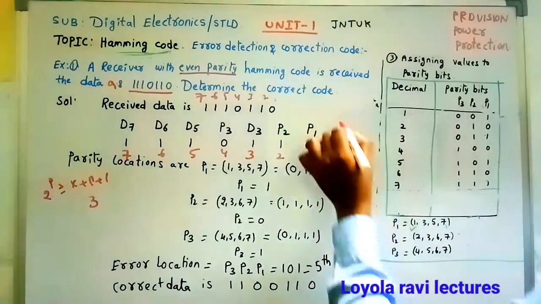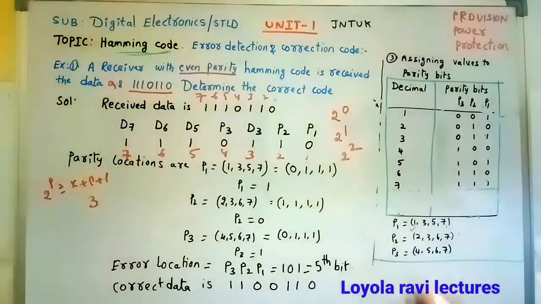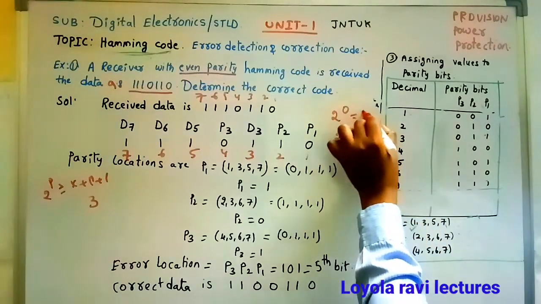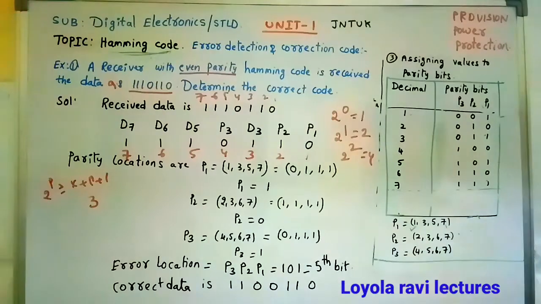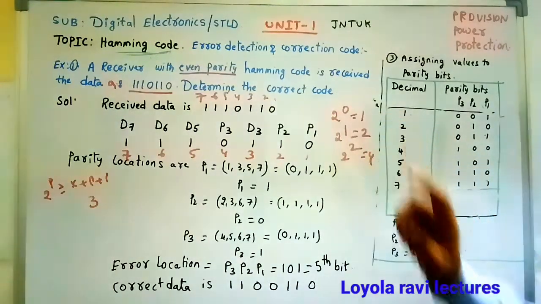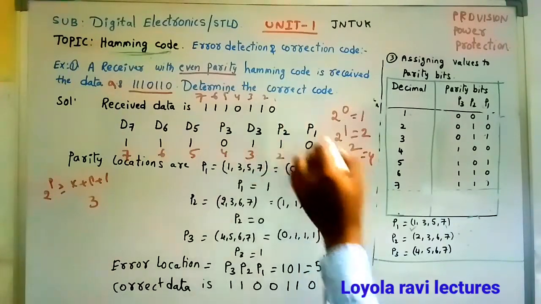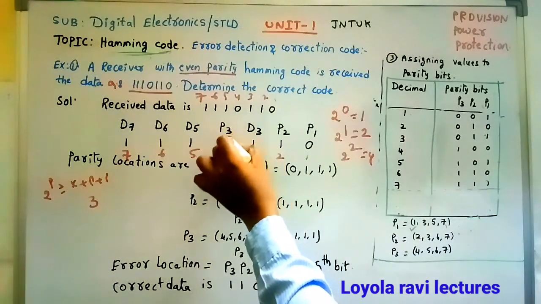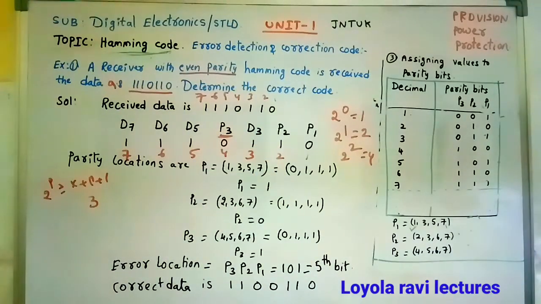The parity bit locations are 2 power 0, 2 power 1, 2 power 2. 2 power 0 is the first location, 2 power 1 is the second location, 2 power 2 is the fourth location. So bits 1, 2 and 4 are the parities. If you want, you may take this one as P4, no problem.